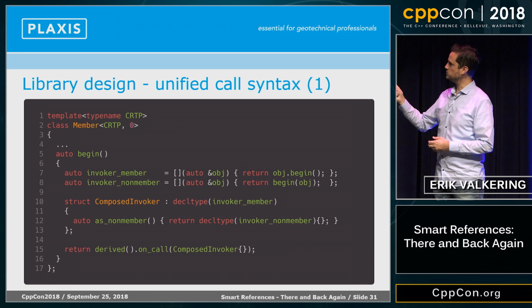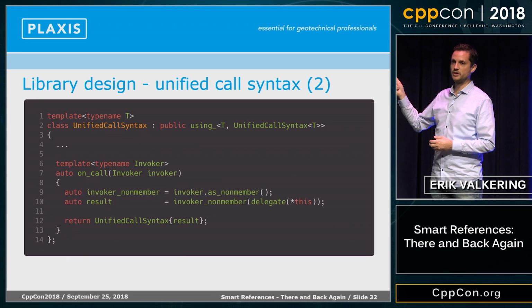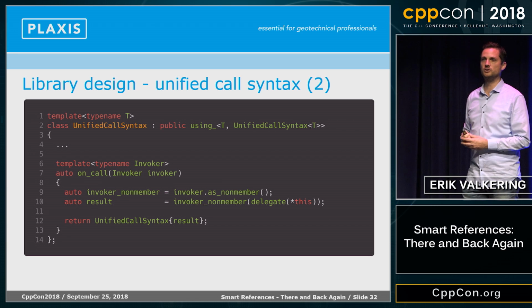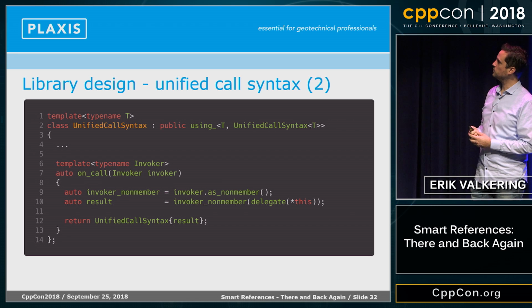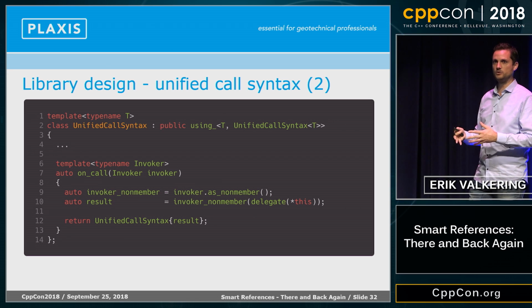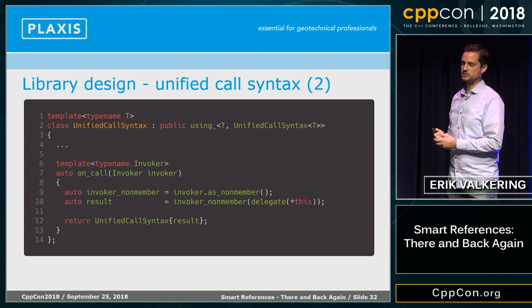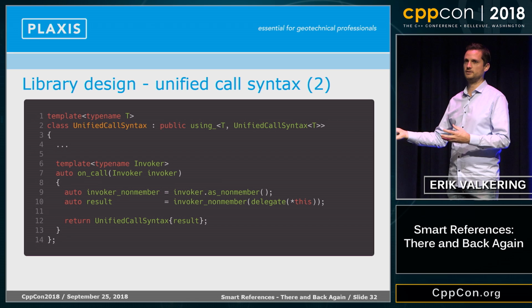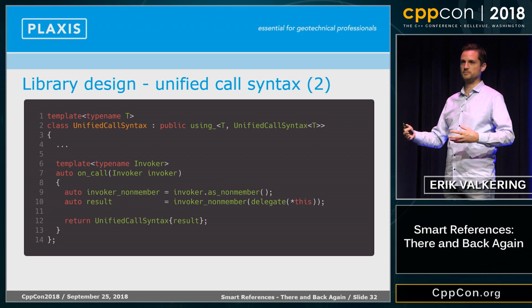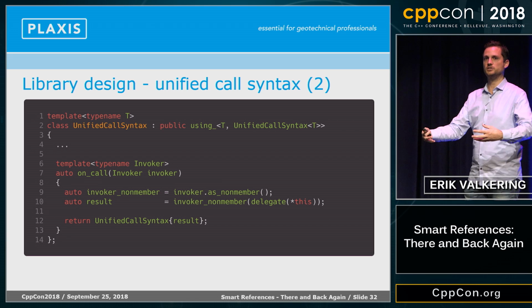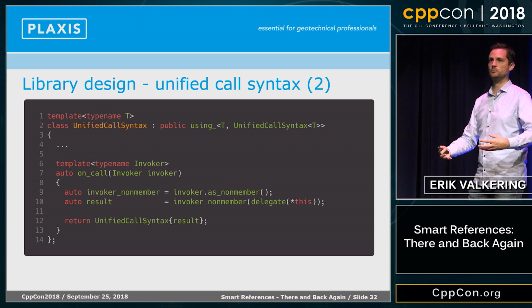What we then can do is create a class called unified call syntax, in which the onCall function receives this invoker object, which is the composed invoker. And then what it does first is it extracts the non-member call syntax version of this invoker. And then using this invoker, it will perform the actual call.